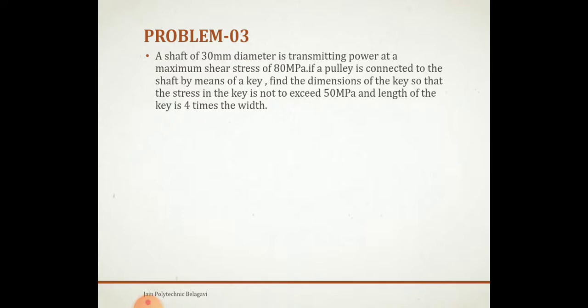Fine. So all these parameters which are given in the problem, you have to write down under the heading given data. So write down d is given, tau is given, and L is given: length is 4 times the width.